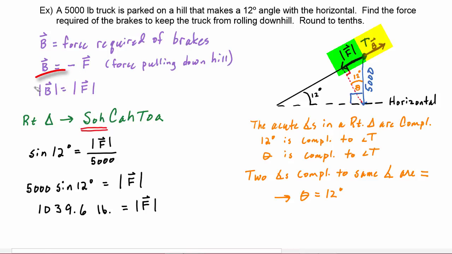So because the magnitude of vector B is equal to the magnitude of vector F, we now know that the magnitude of vector B will be 1,039.6 pounds.